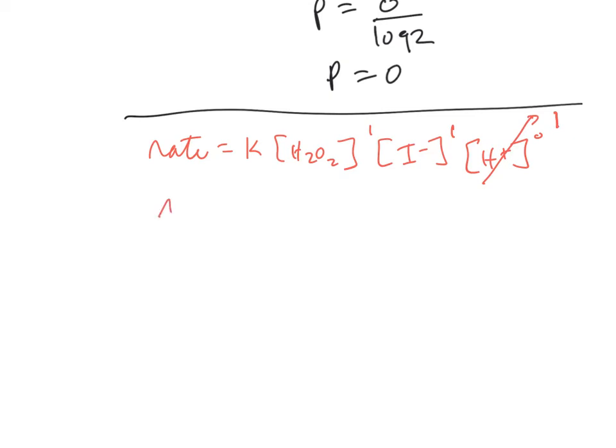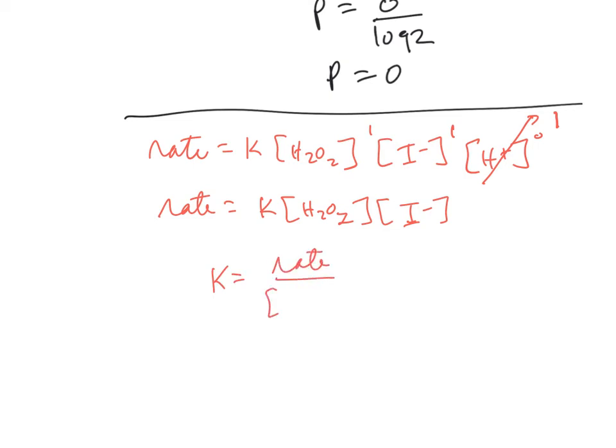So then we can rewrite that and say rate is equal to K times the peroxide concentration times the iodide concentration, right? And next step is to solve for K. That is equal to the rate divided by the peroxide concentration and divided by the iodide concentration.